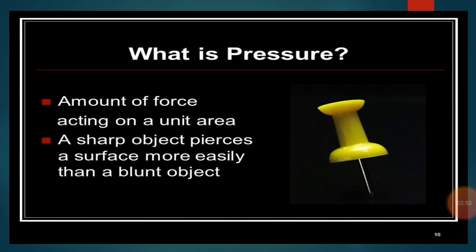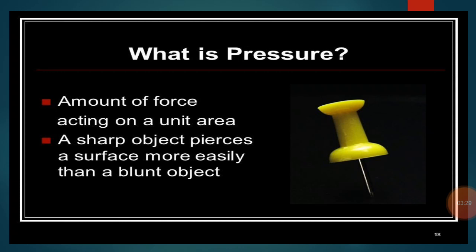So it is clear from this example that pressure is the force acting on a unit area of the object, and here the object is wood. So the force acting per unit area is known as pressure. Here the force of the thumb produces a small pressure when it acts on a large area of the wood, but the same force produces much greater pressure when it acts on a very small area of wood through the tip of the drawing pin.